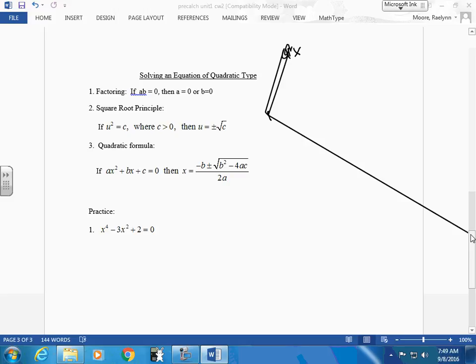Whichever one you prefer to do is fine with me. However, just remember, when you take the square root, you get a plus or minus. And what is the square root of 1? 1. Good. So my roots all together, in set notation, plus or minus 1, plus or minus radical 2.